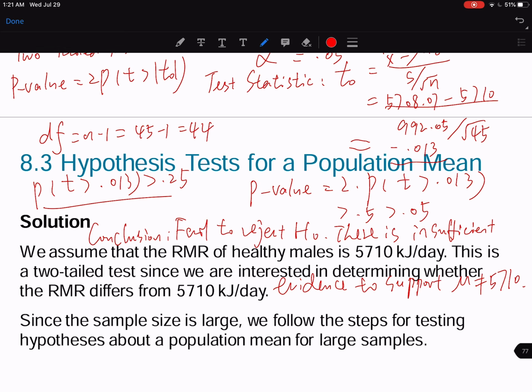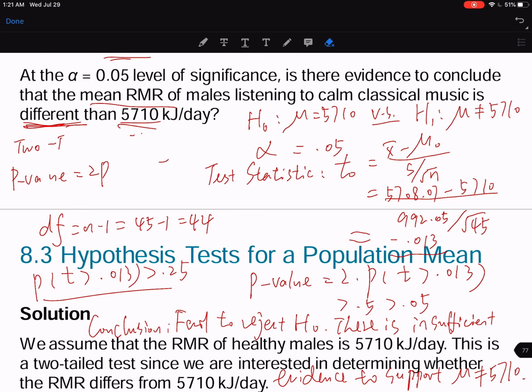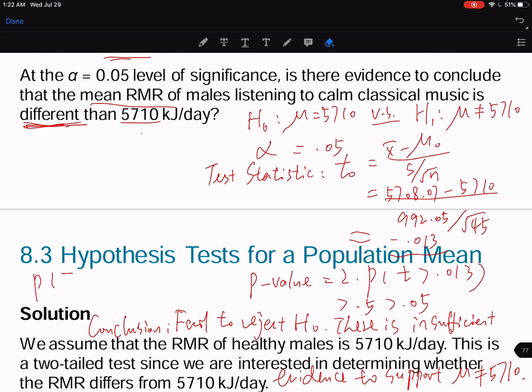Okay, so basically, let me clean this here. The whole thing here. If you do the calculation by hand, and that's what you want to show me to get the full credits, the first step is the null and alternative, the value of alpha, and then the test statistic, and then the p-value.